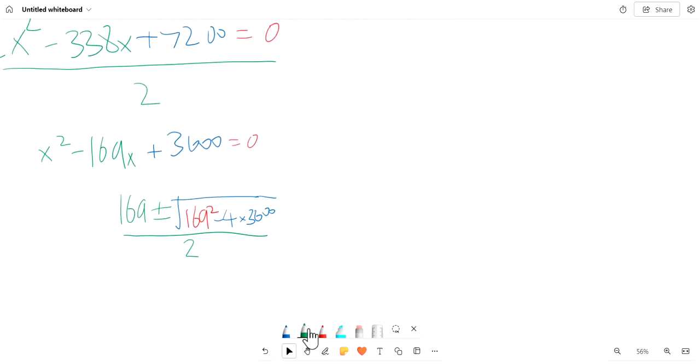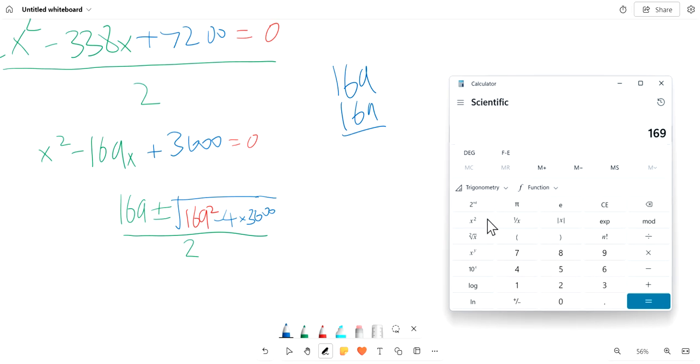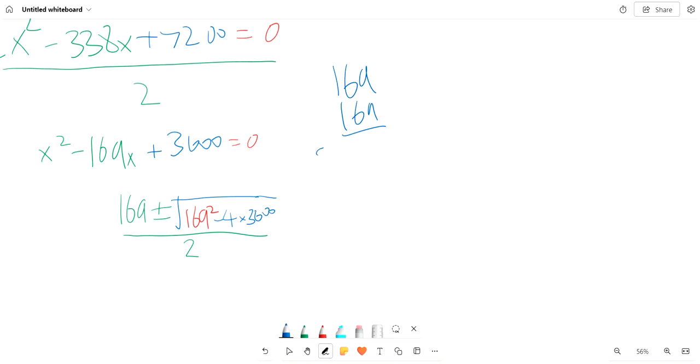And then we calculate 169 squared times 169. I don't know if you're going to use a calculator or not, but if you're not supposed to, just calculate it by hand. You get 28561. And then 4 times 3,600, that's pretty simple, that's just 14400.